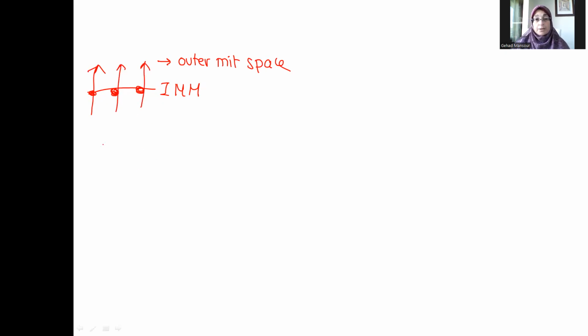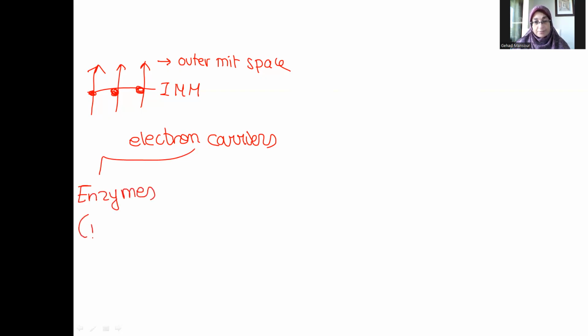When we said that here we have the inner mitochondrial membrane, and here we have the outer mitochondrial space, and that the electron carriers on the inner mitochondrial membrane use the energy released from the flow of electrons to pump protons, then the function of the electron carriers is, number one, they are protein enzymes. They are enzymes, and therefore they are proteins.